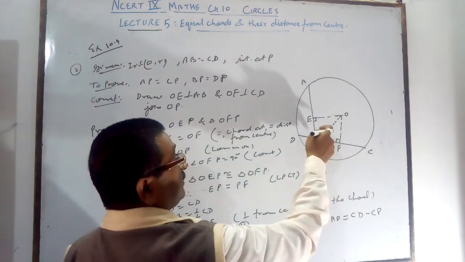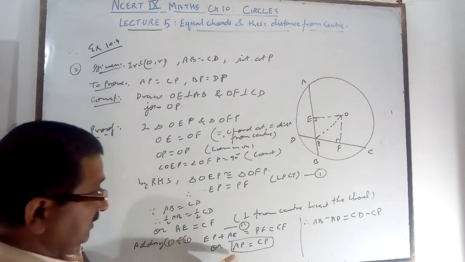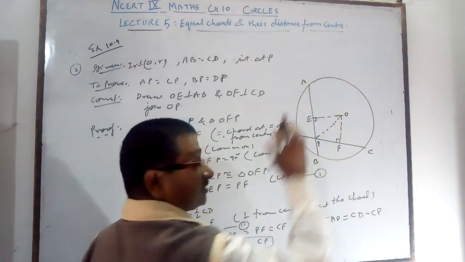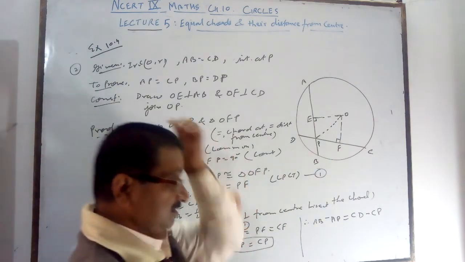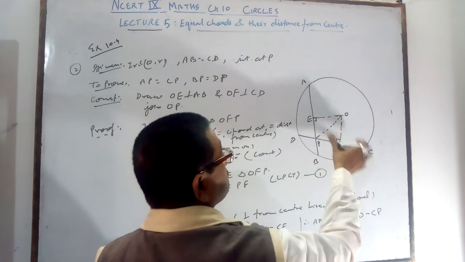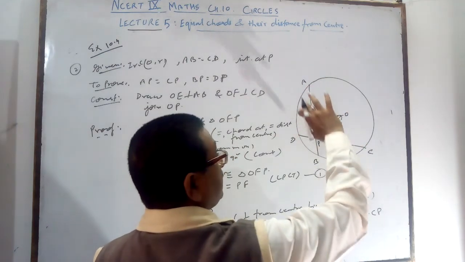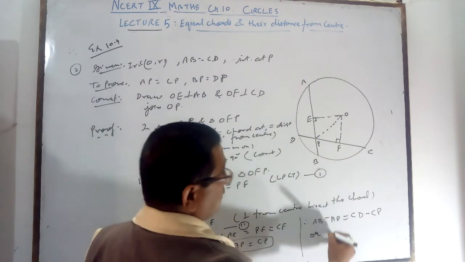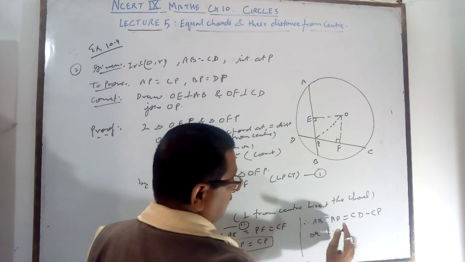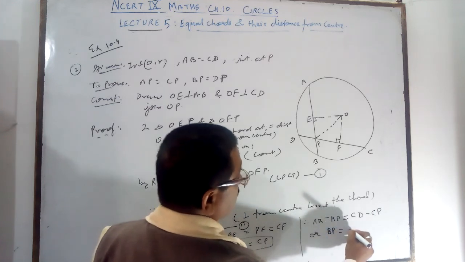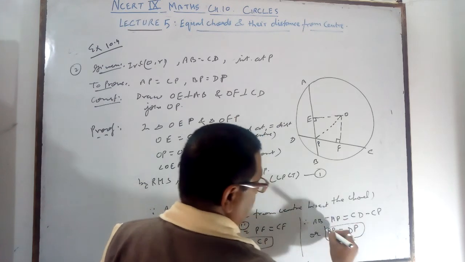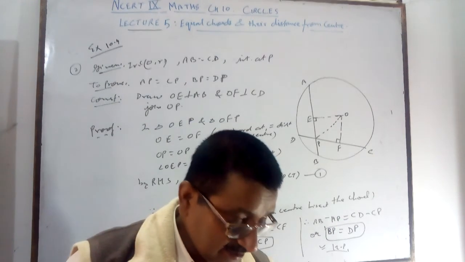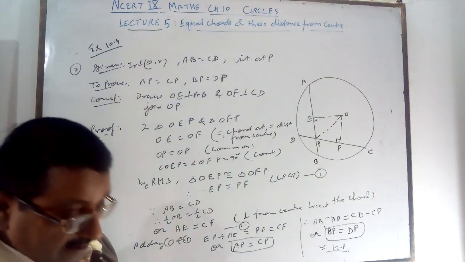If from equals you subtract equals, the results are also equal, an axiom. AB minus AP is BP, and CD minus CP is DP. So BP is equal to DP, and it is the second proof. Hence proved. The two questions that you were seeing are completed now.